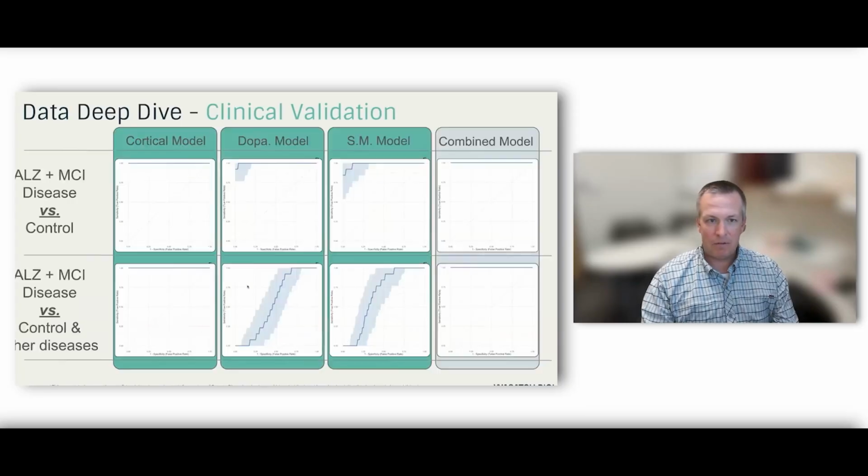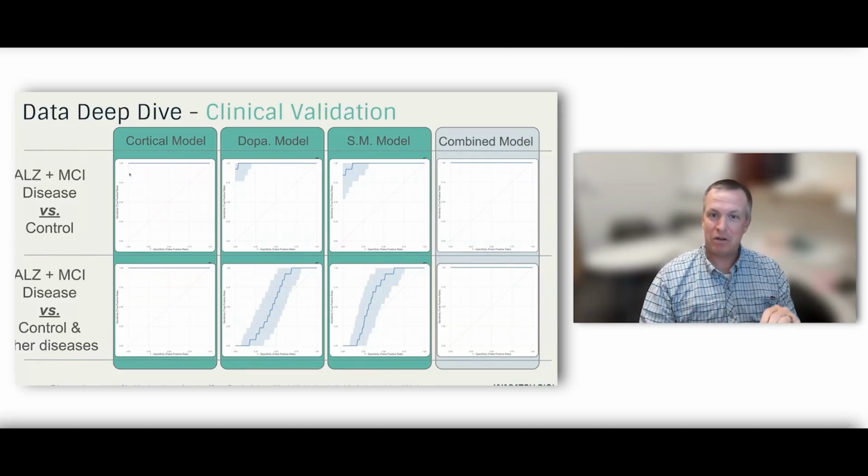And so this is depicting only Alzheimer's and mild cognitive impairment patients on these ROC curves, but you can see how powerful this can be. The cortical neurons, I should note, were by far the best model that we had.